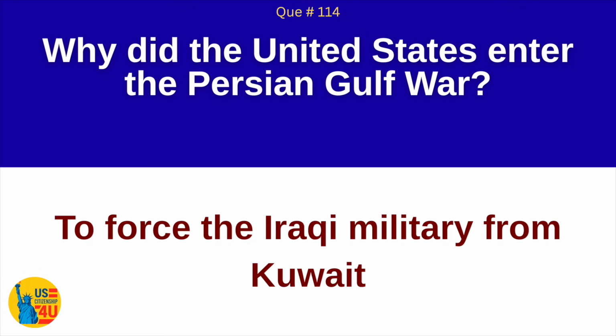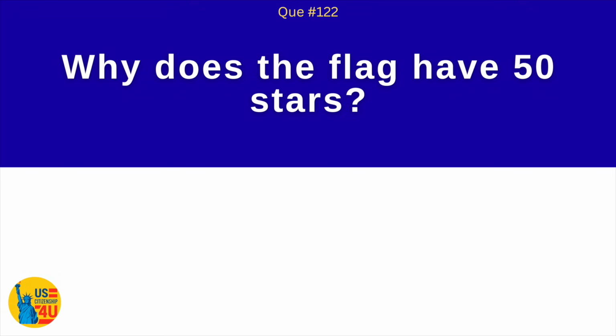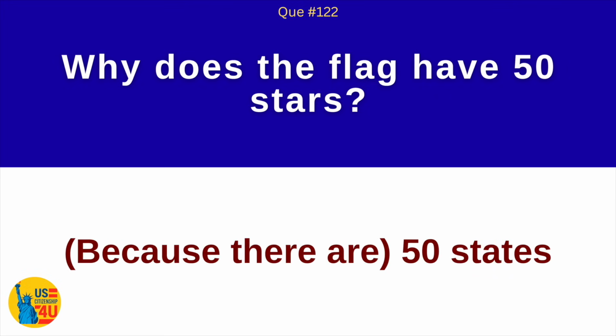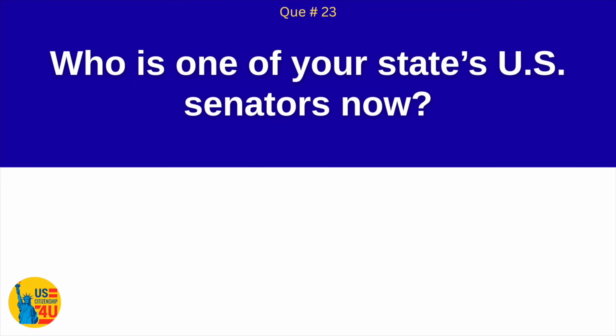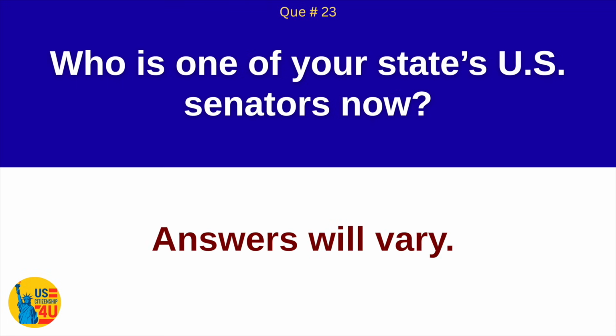To force the Iraqi military from Kuwait. Why does the flag have 50 stars? Because there are 50 states. Who is one of your state's U.S. senators now? Answers will vary.